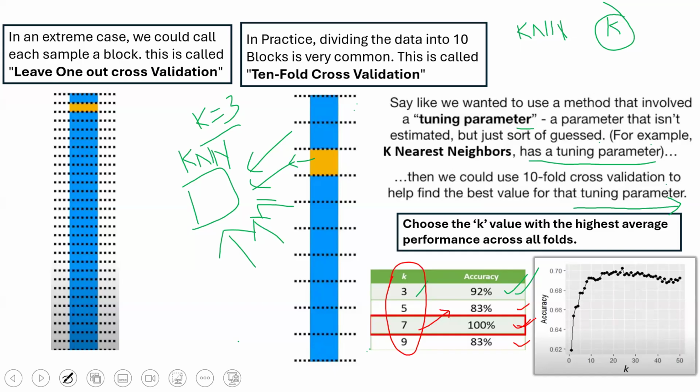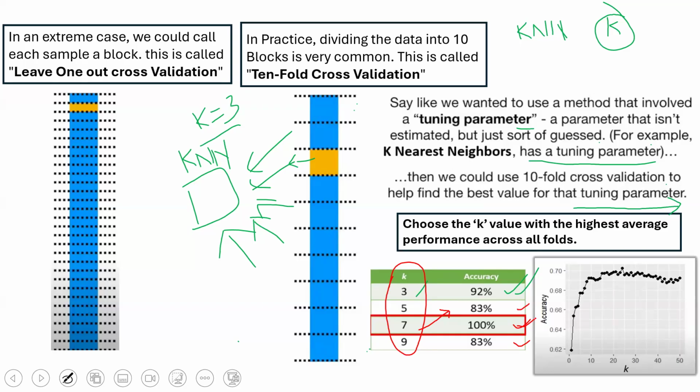This is the way we tune parameters, or choose one model out of different models available, for any kind of machine learning work. This is called cross validation.